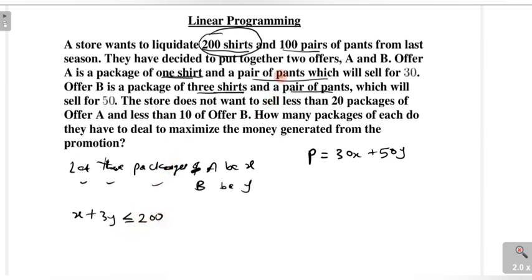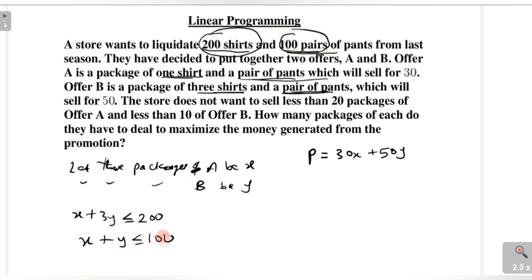Then for pants, we have overall 100 pairs of pants, and package A is offering a pair of pants. So a pair of pants would be X, and B is also offering a pair of pants. So we have X plus Y will then be less than or equal to the total amount of pairs of pants.